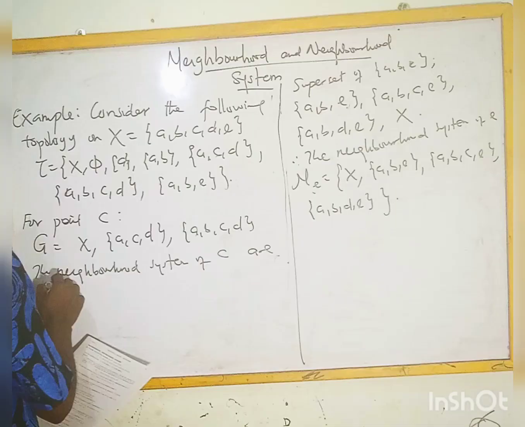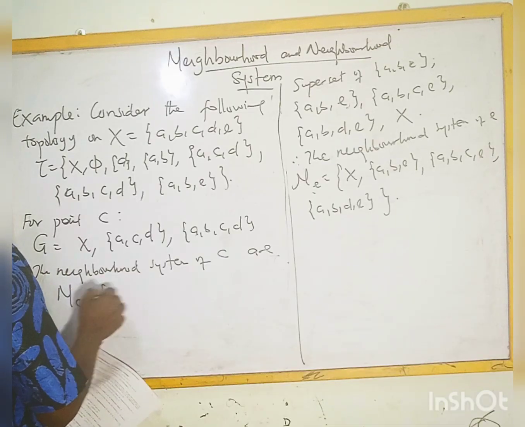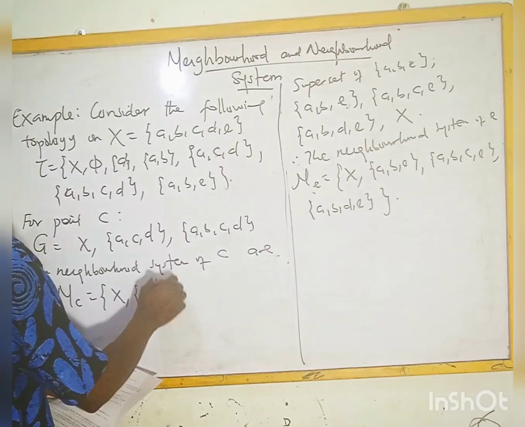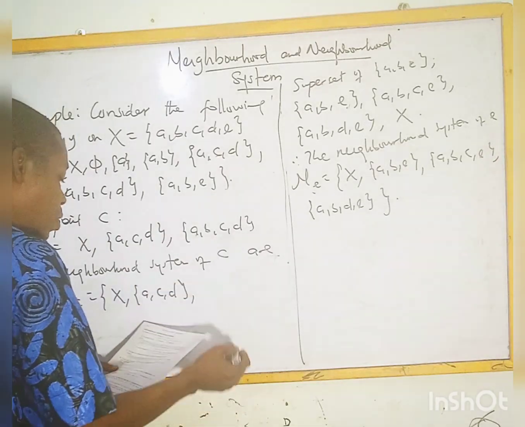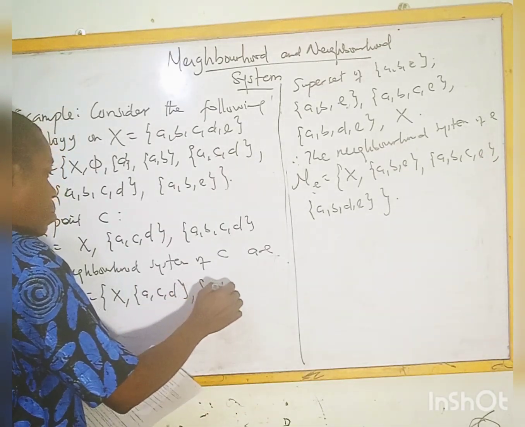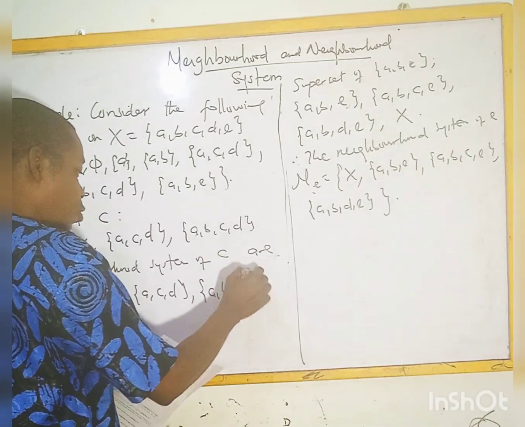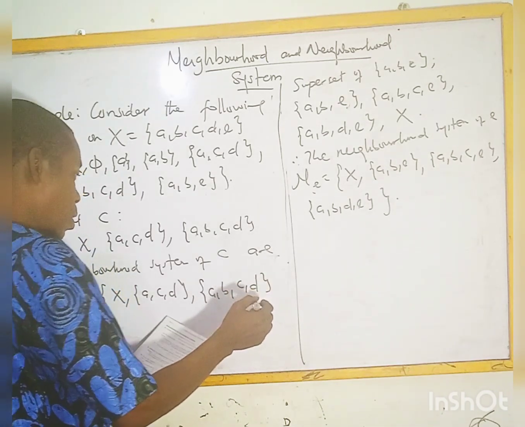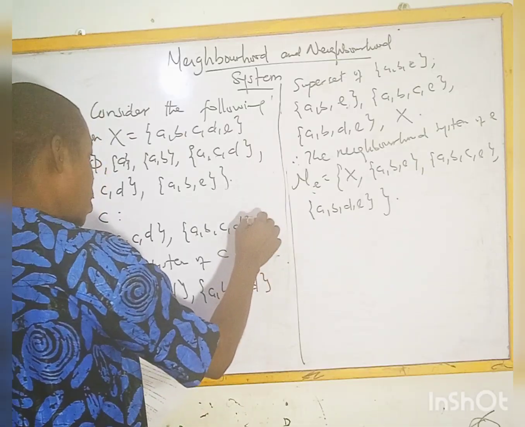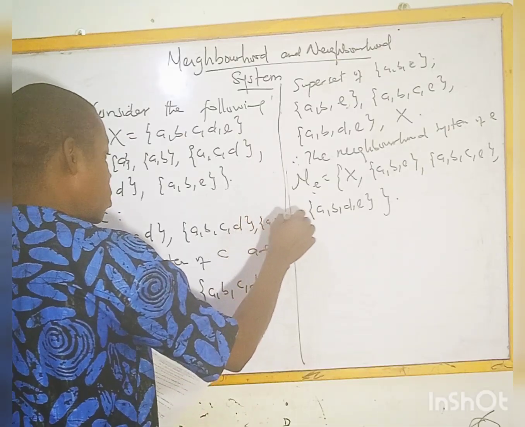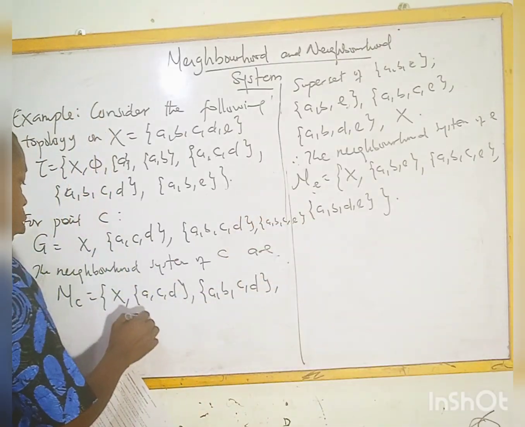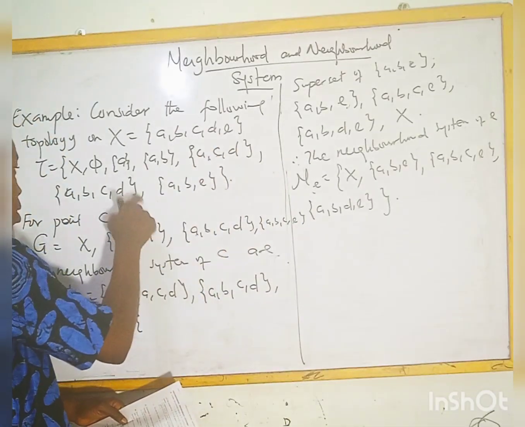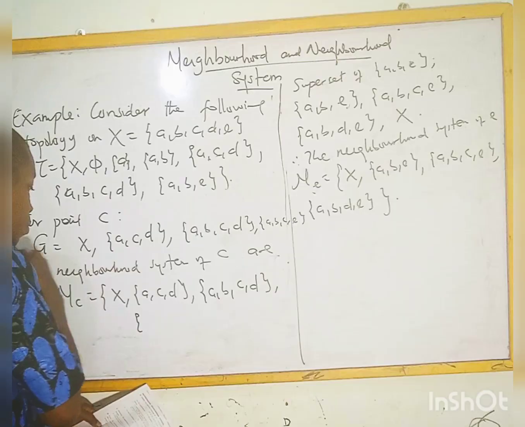The neighborhood system of C gives us X, A, C, D, then A, B, C, D. Then we still have A, B, C, E, because it is also a superset of that open set.